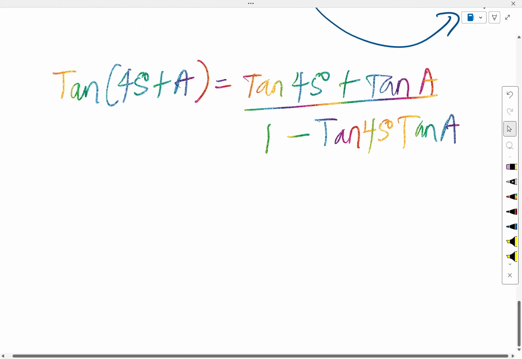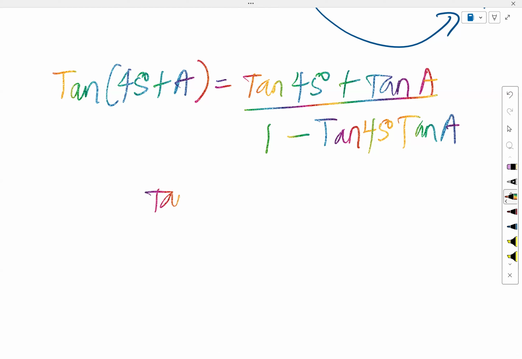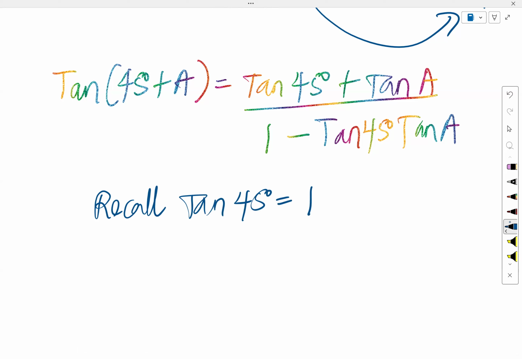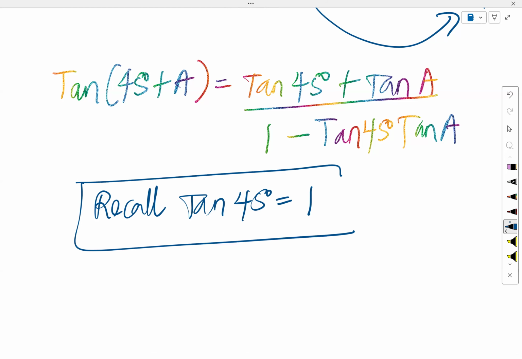Okay? So from the idea of special angles, this is an aside. Recall from special angles in one of the previous videos that tan 45 degrees is equal to 1. We did that already.